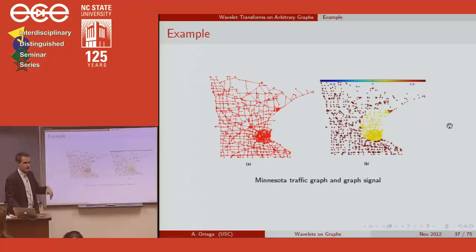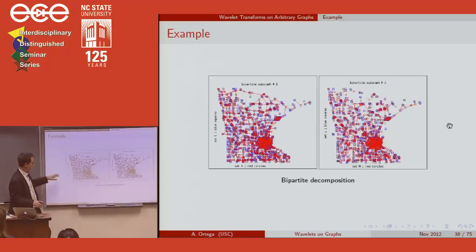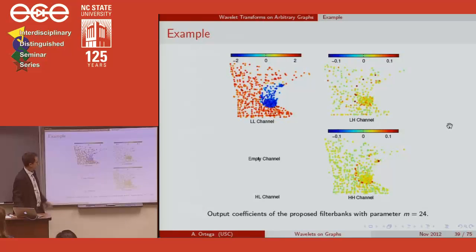So to apply the transform that we're proposing, we start by dividing it into 2 bipartite subgraphs. Okay, so each of them has 2 colors, and there's only links between nodes of different colors. Okay, and then we would apply a transform that has low pass and high pass channels across the different subgraphs.